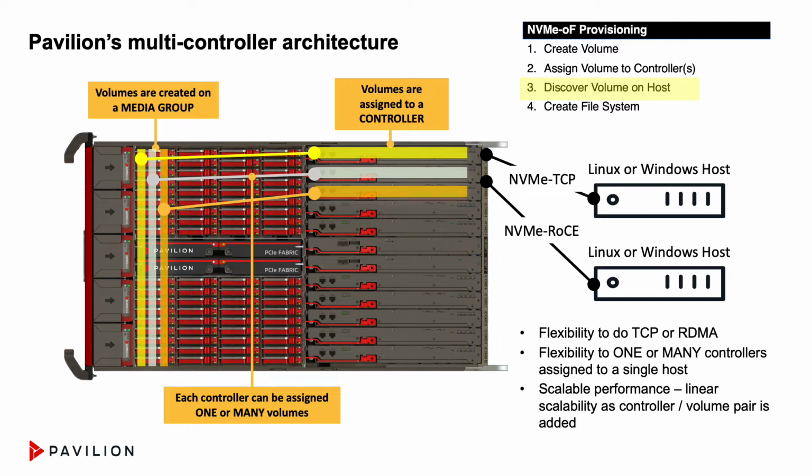And by leveraging that scale-out architecture of Pavilion, we get linear performance. As we add controllers to a host and volumes to a host, we get linear performance. So with that, let's move over to the demonstration. Back to you, Phil.